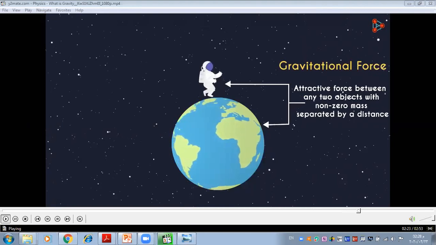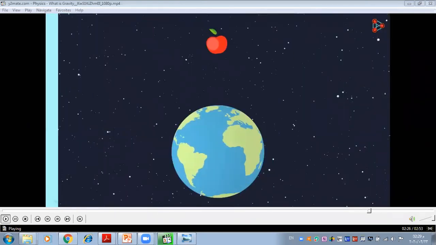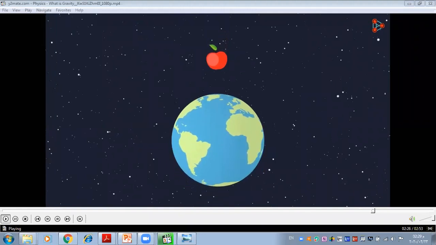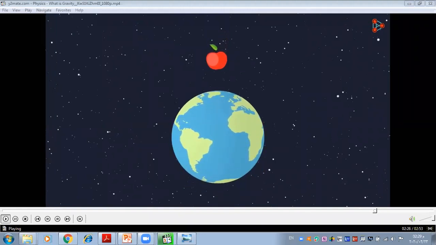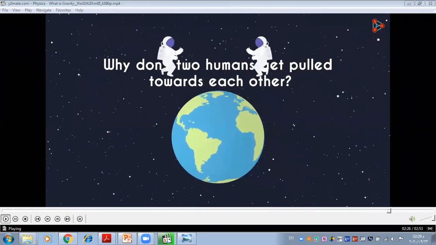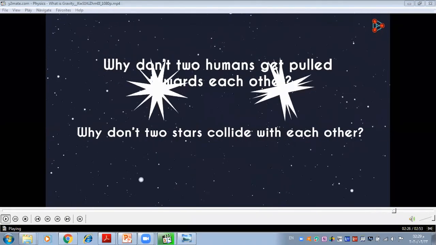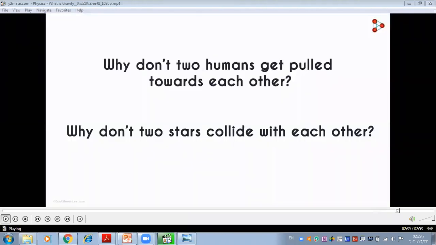After knowing the basics, you probably have many questions in mind. Does the apple fall towards the earth, or does the earth move towards the apple? If two objects always attract each other, why don't two humans get pulled towards each other? Why don't two stars collide with each other? After watching our videos based on gravitation, you will be able to answer all these questions and understand various concepts related to them. Happy learning!